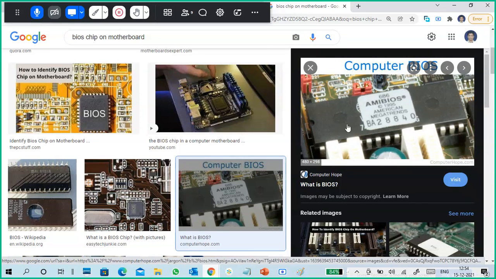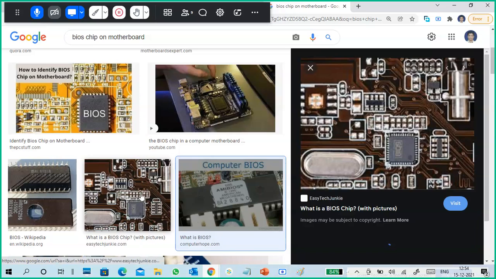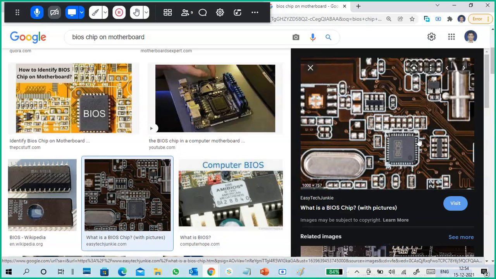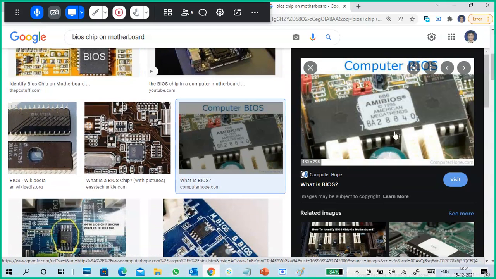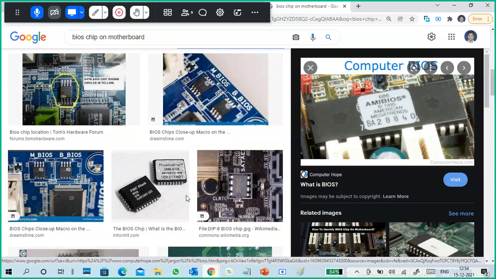It's a little bit difficult to open, and most of the ROM chips are embedded in your motherboard. So you don't have a choice to change your ROM chips. It is usually soldered to your motherboard, or sometimes it is like this. You can remove it, but you cannot put anything in this one.